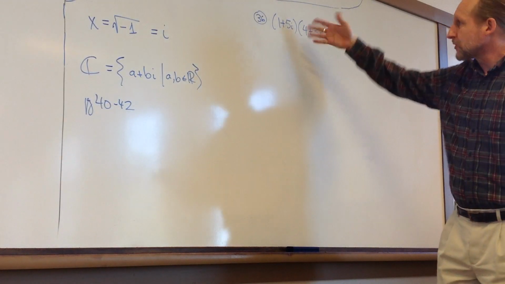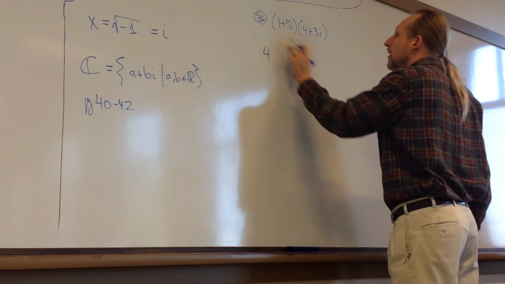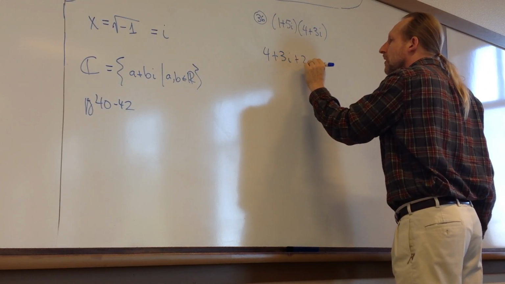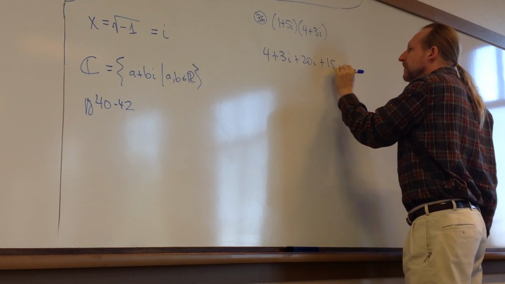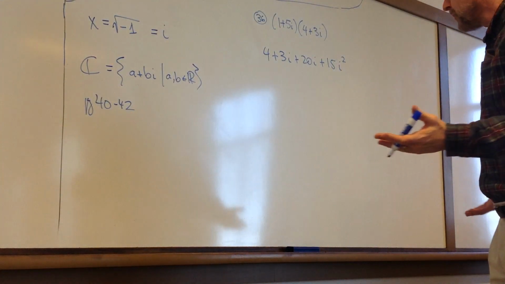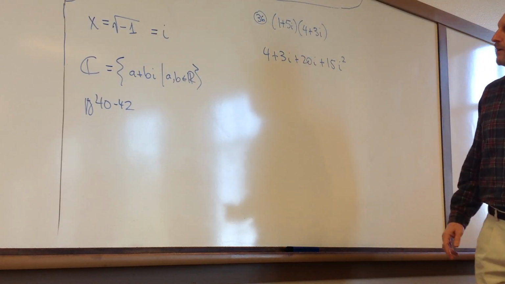Okay, when we're distributing and combining like terms, this will be 1 times 4 is 4, 1 times 3i is 3i, 5i times 4 is 20i, 5i times 3i is 15i squared.